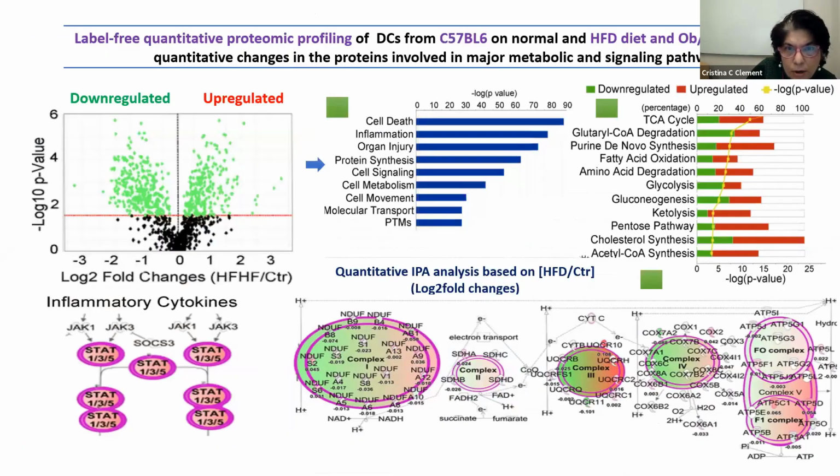So before I go further on, I just want to show that the proteomic changes were quite significant in the high-fat, high-fructose diet or OB as compared with control mice.